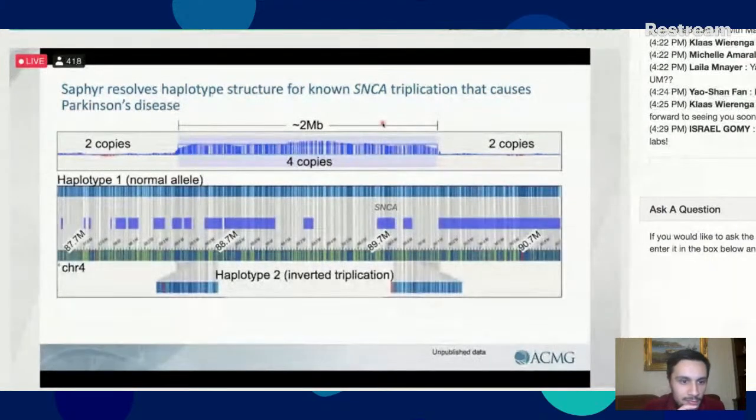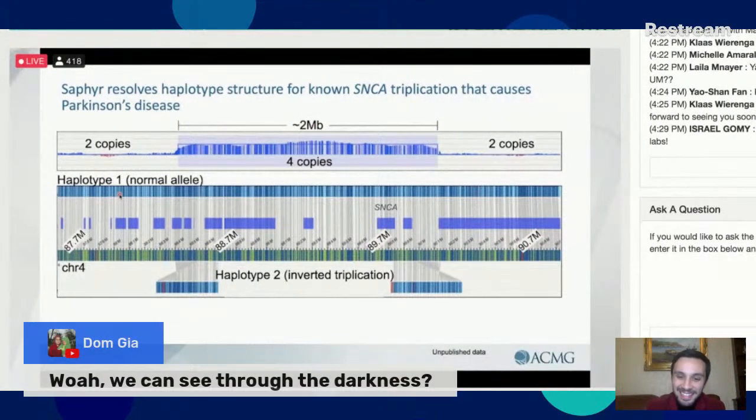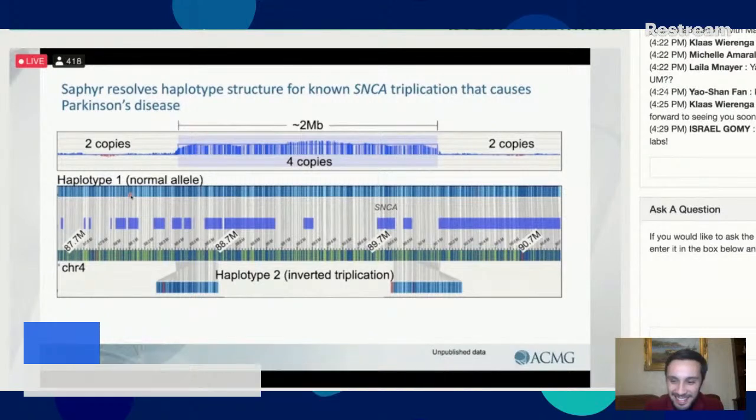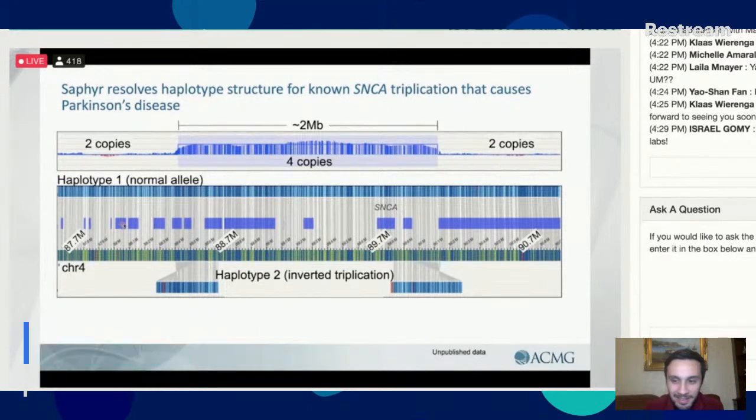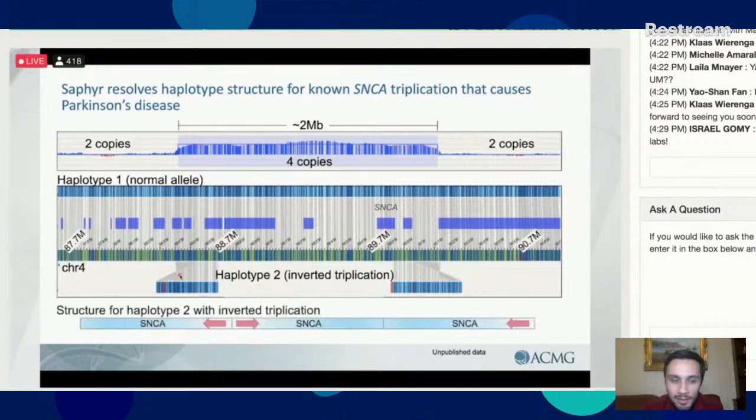If we look at the raw data, we're actually able to resolve the entire first normal germline haplotype. That's what this blue bar represents. You can see individual genes represented here, and this is where alpha-synuclein is. On the second haplotype, we're able to resolve that basically there's an inversion and a triplication.